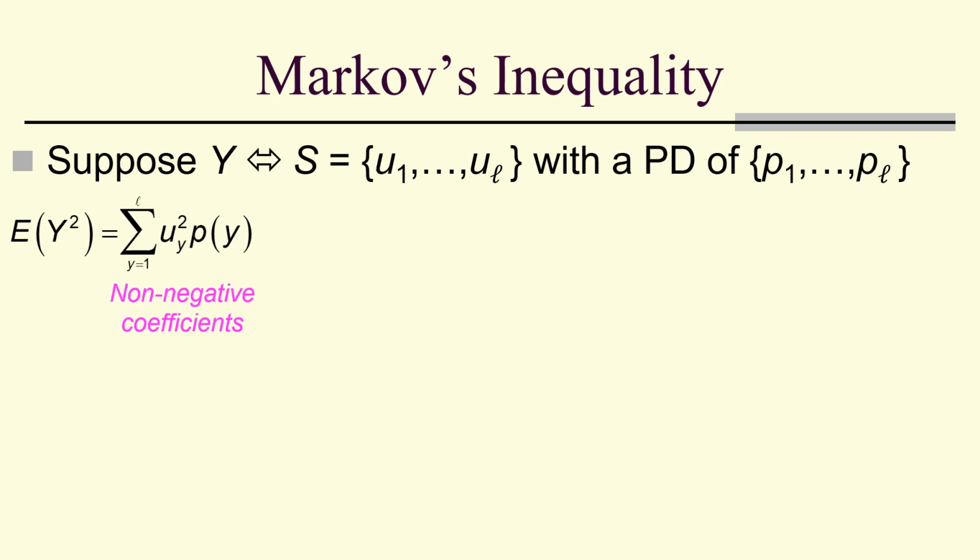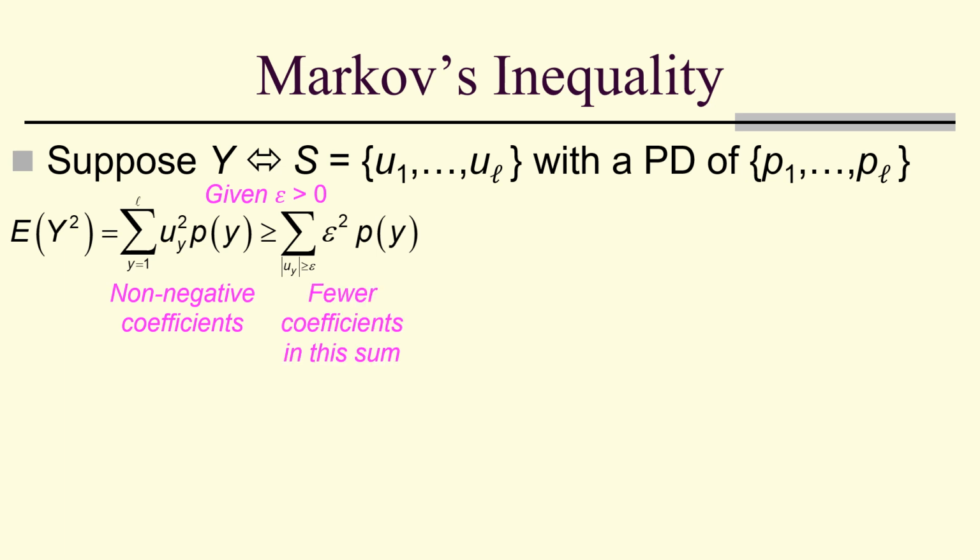But these are all non-negative coefficients inside the sum. So for an epsilon greater than 0, this sum would have to be greater than or equal to the sum where the absolute value of u sub y is greater than or equal to epsilon, of epsilon squared p sub y. Why? They're non-negative, and there are going to be fewer coefficients in that final sum.